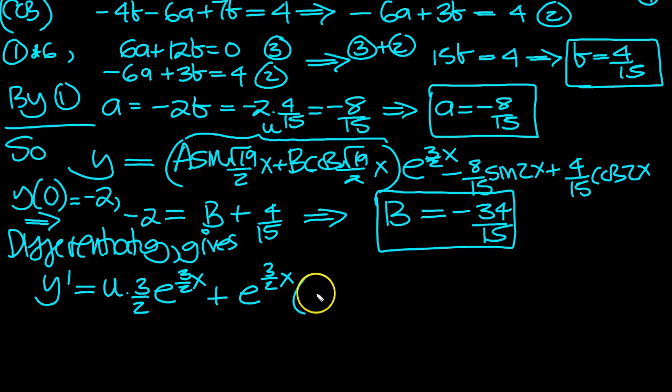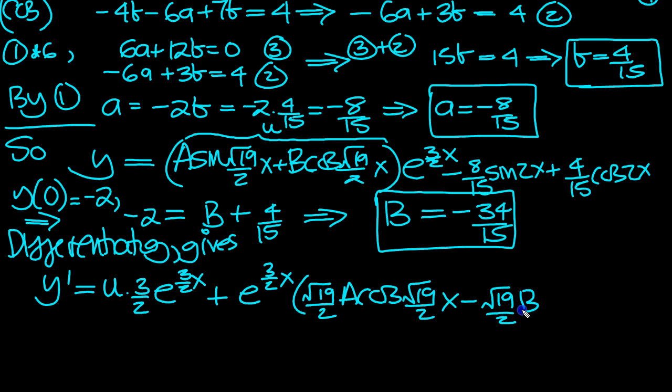The sine goes to cosine, and the root 19 over 2 comes out, a cosine root 19 over 2x, plus B, and cos goes to minus sine, and the root 19 over 2 comes out, B sine root 19 over 2x, close bracket. So that's those two terms differentiated. By the way, this term here will be 0, so it's not of high importance.